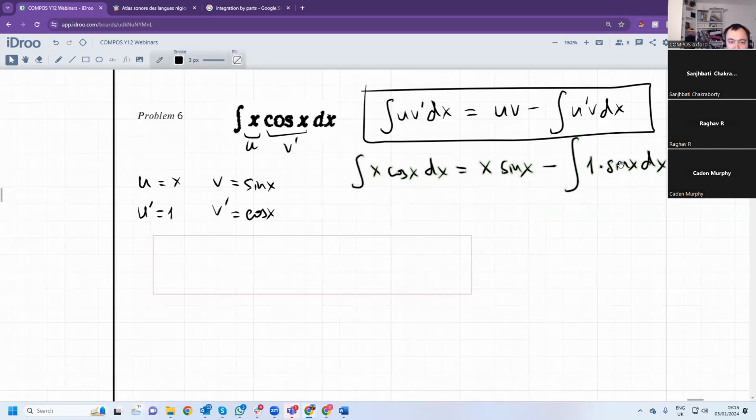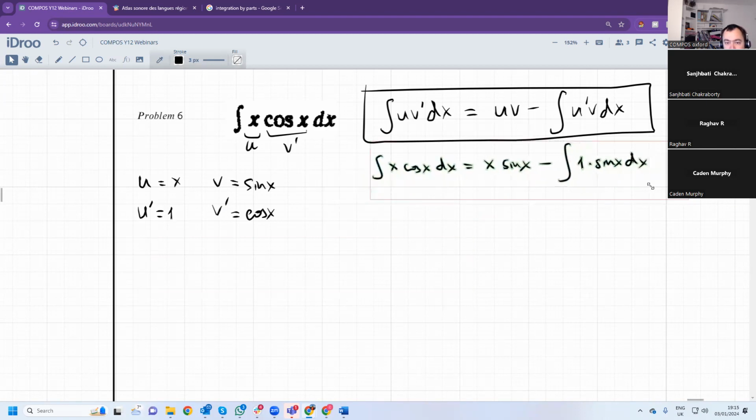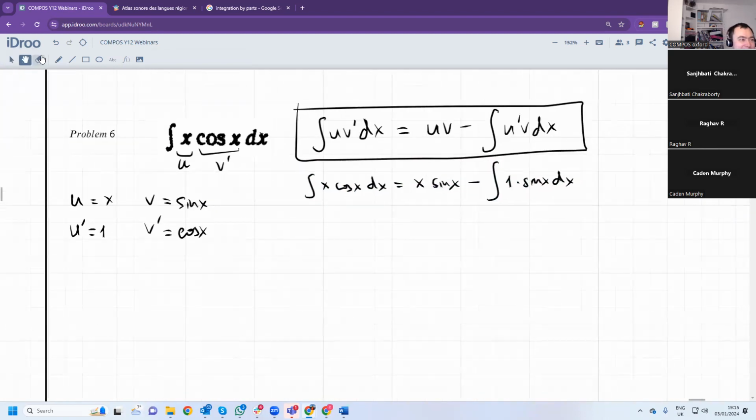So what I've done, just write it here. I sort of use the product rule here in a way. There's no product rule for integration, of course, but there is a formula of integration by parts, which is a consequence of the product rule.